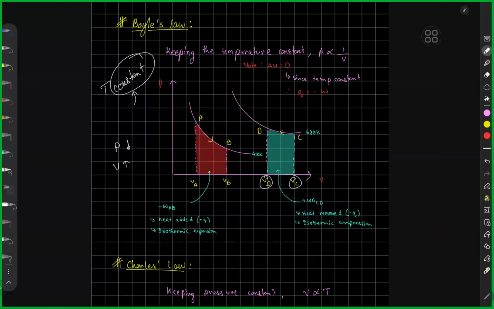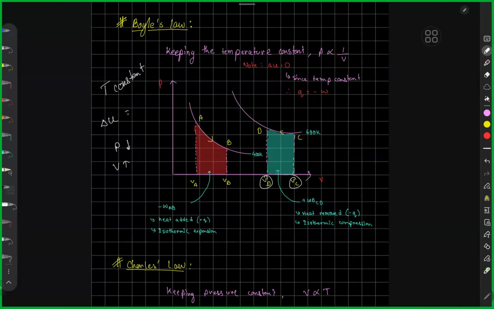In Boyle's law, we're changing the pressure, we're changing the volume, but temperature is constant. What happens to internal energy? No energy is being gained, right? So internal energy will be the same. Yeah, exactly.